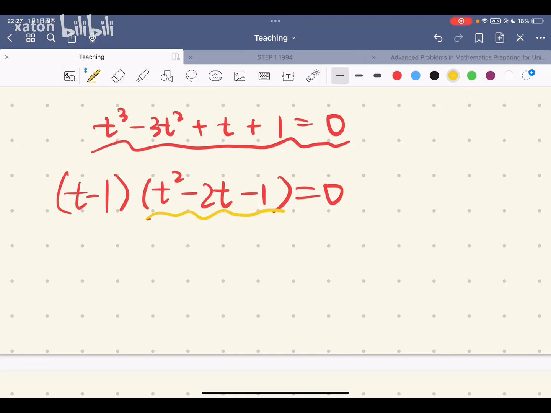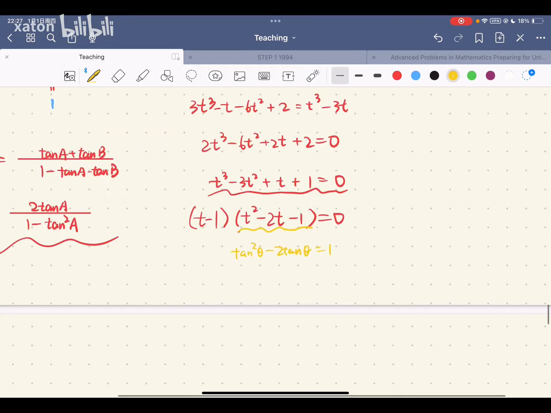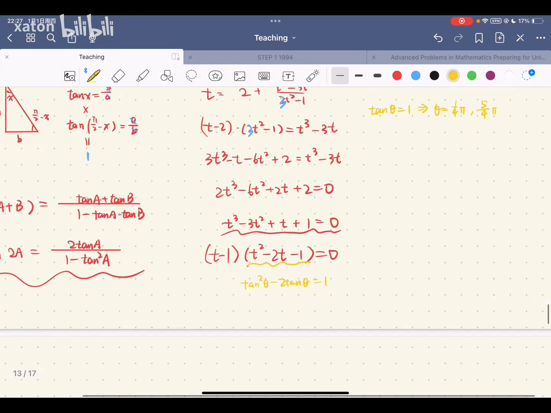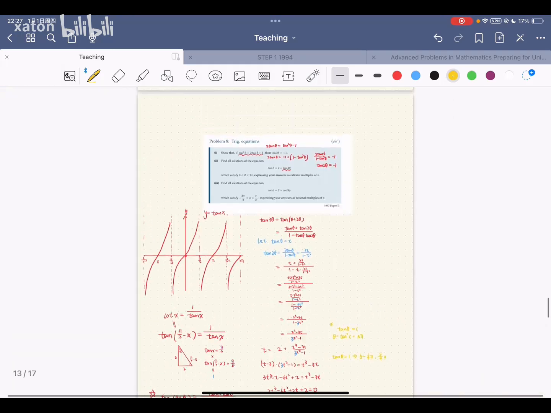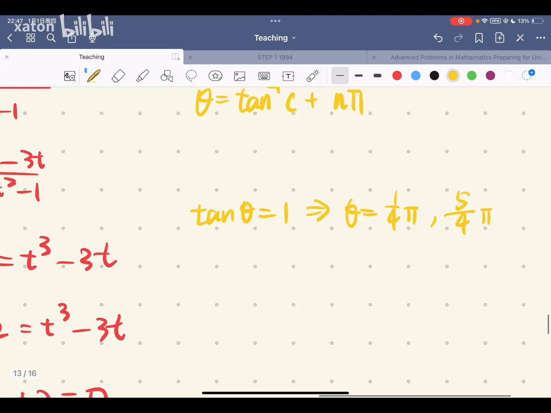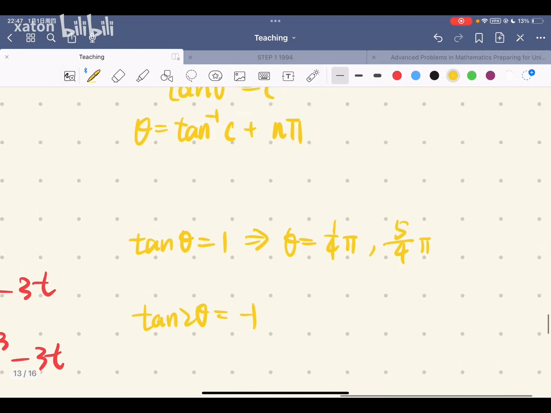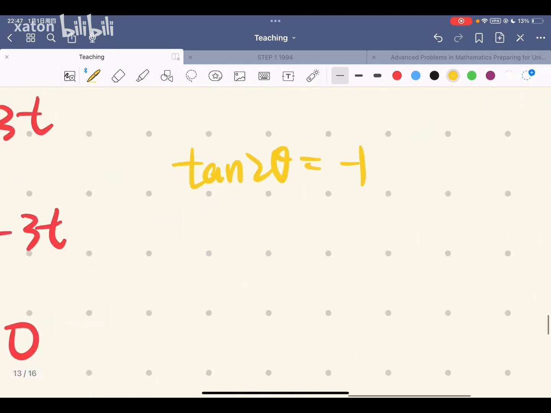This will be tangent square theta minus 2 tangent theta equal 1. Let's look at the first part; that is exactly the same. So tangent 2 theta equals minus 1. We want to apply the same formula here, so we want a new interval for 2 theta.